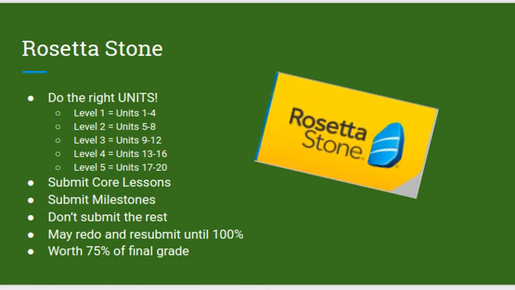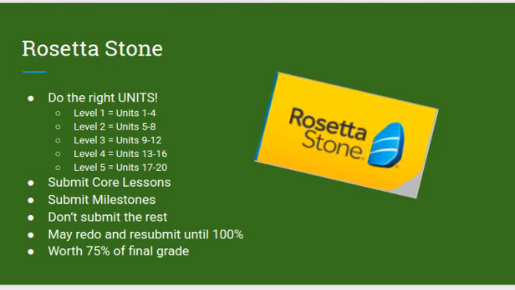So, the right units need to be done in order for you to learn the right material for where you're at. The only things you're going to submit for this section are the core lessons and the milestones, and you don't need to submit the rest.